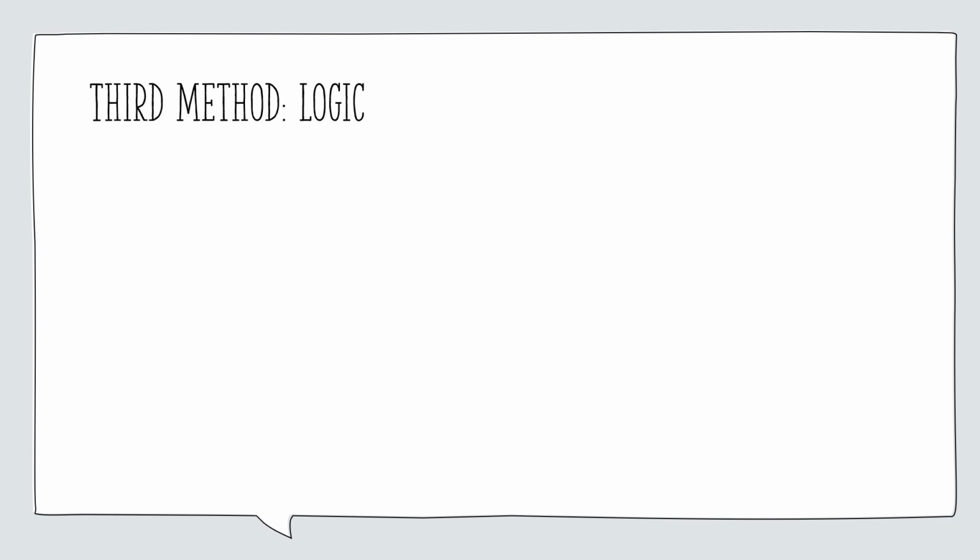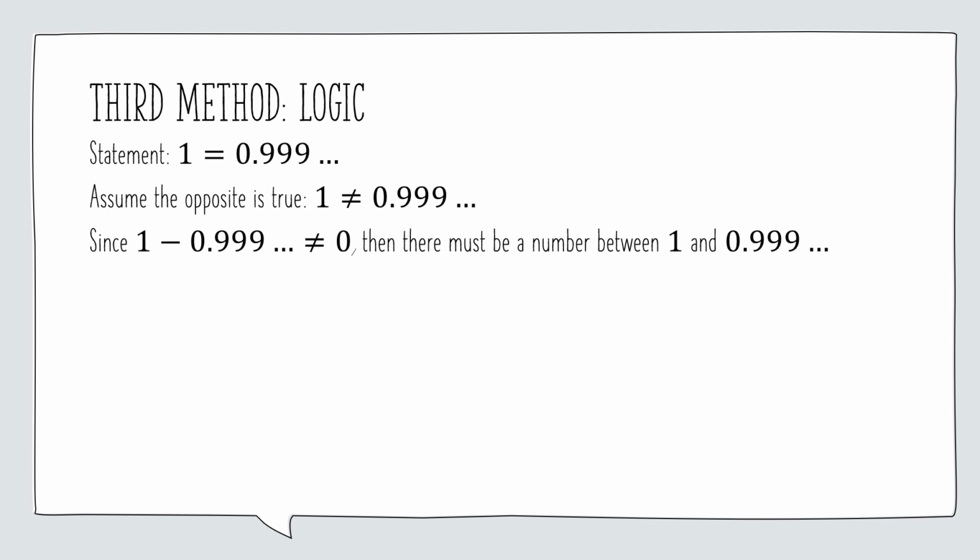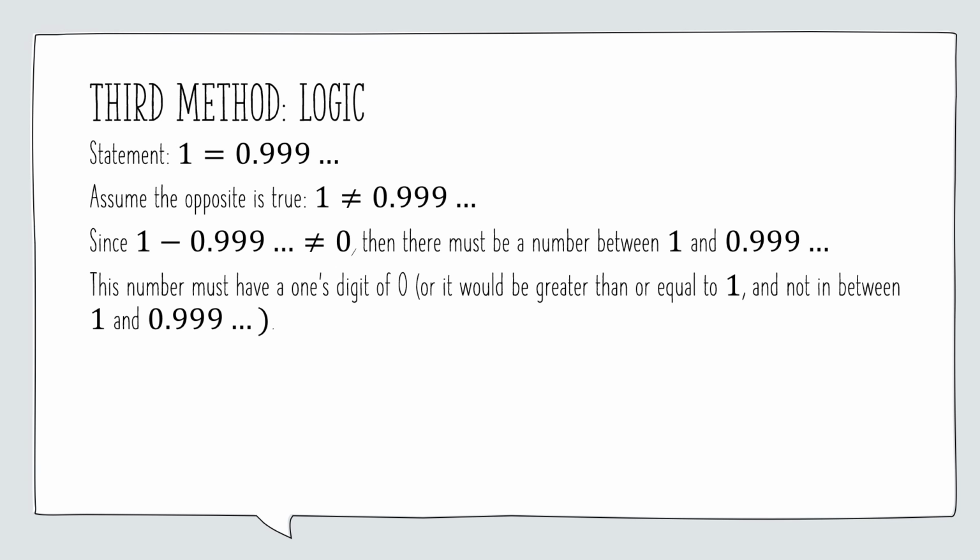So now let's apply this logic to our statement, that 1 is equal to 0.9 repeating. To use the method of contradiction, we're going to assume that the opposite is true. So we're going to assume that 1 is not equal to 0.9 repeating. This means that 1 minus 0.9 repeating is not equal to 0. So if we're assuming that 1 is greater than 0.9 repeating, then there must be some number in between 1 and 0.9 repeating.